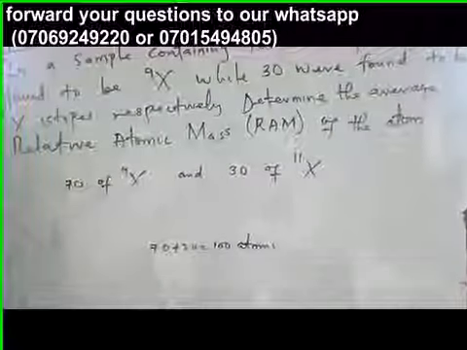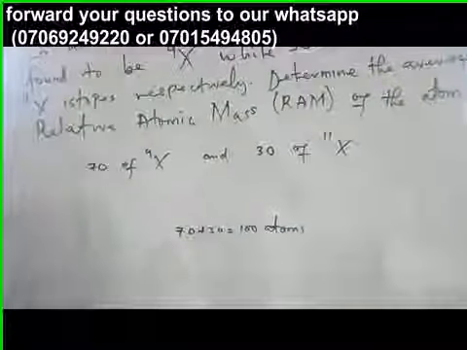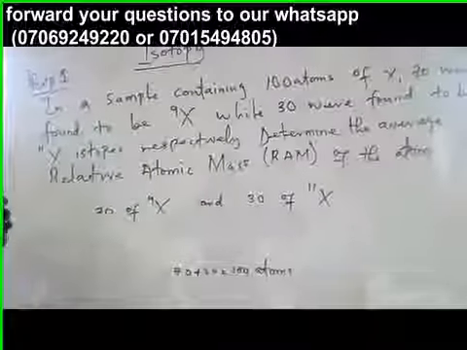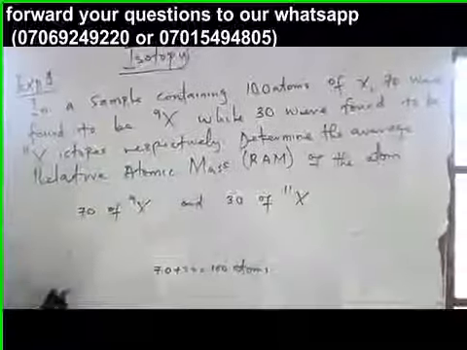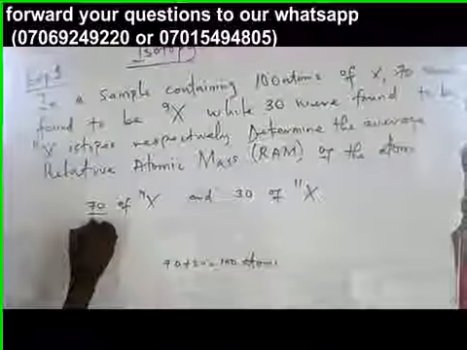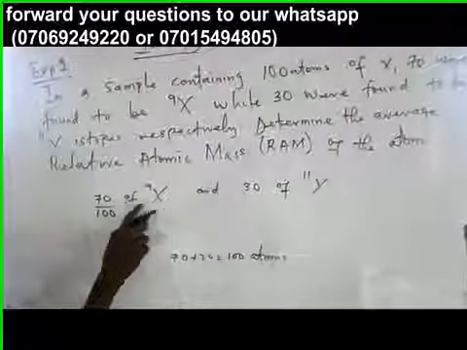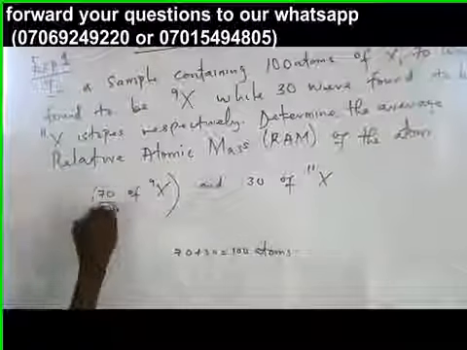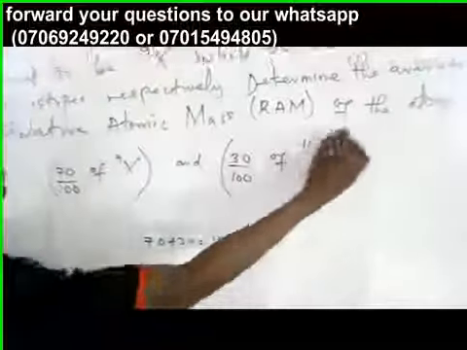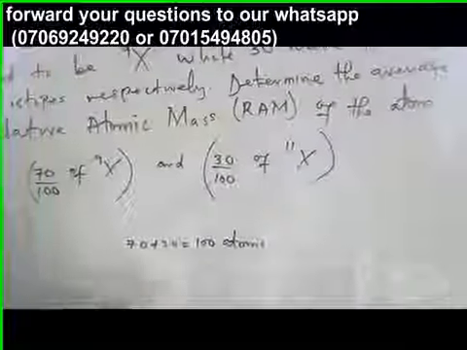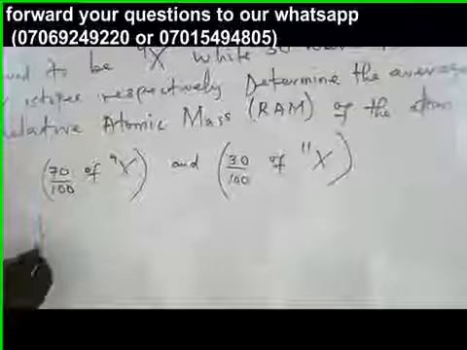So if you want to calculate the relative atomic mass, you calculate 70 over the total for X9 and 30 over the total for X11.